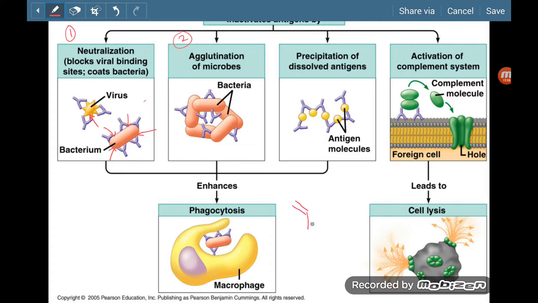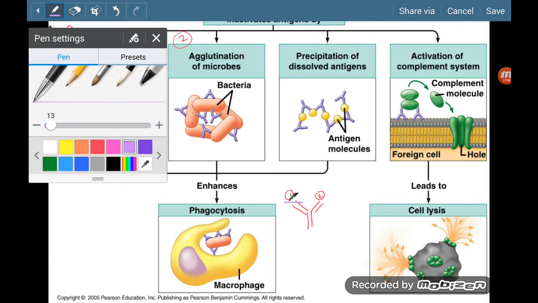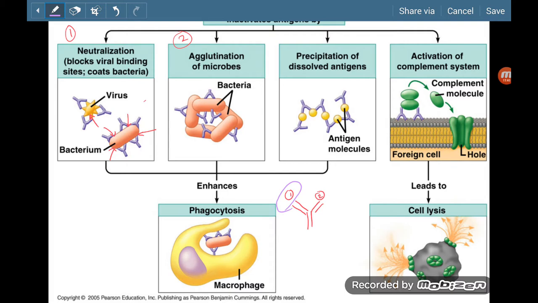Because antibodies are Y-shaped molecules, they have two antigen binding sites, which means that an antibody is able to bind two different antigens and therefore two different pathogens.